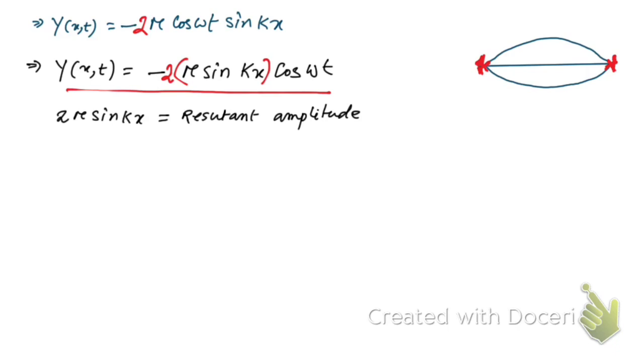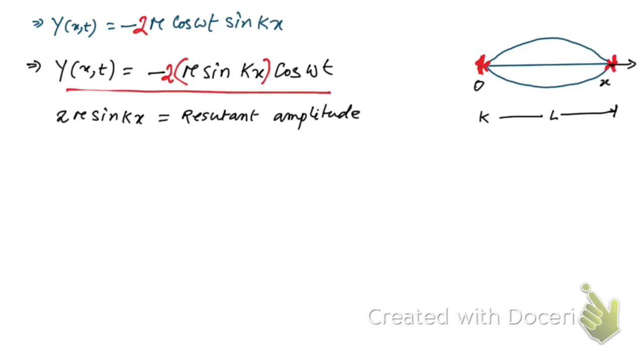So that's why you see, if we take this as the x-axis and this as the origin, and this length is L, then this position will be x is equal to L, right?